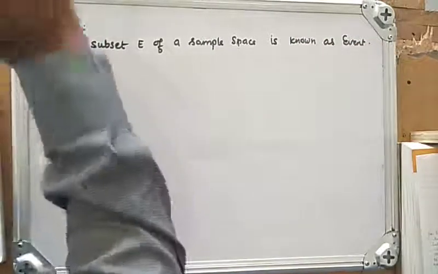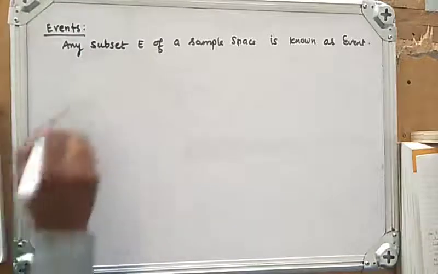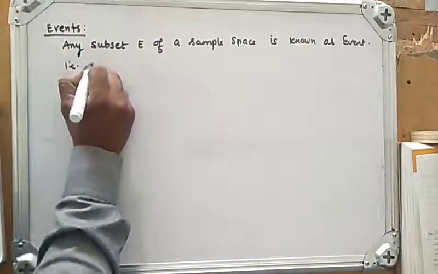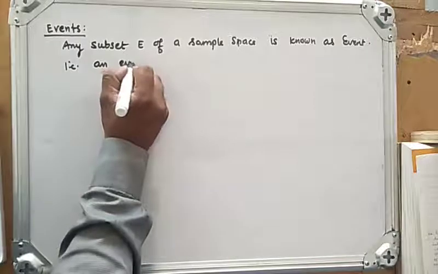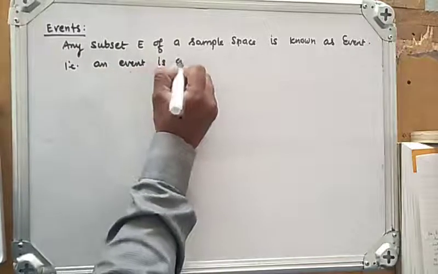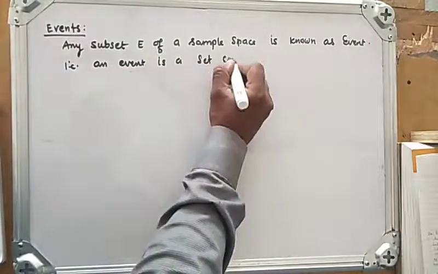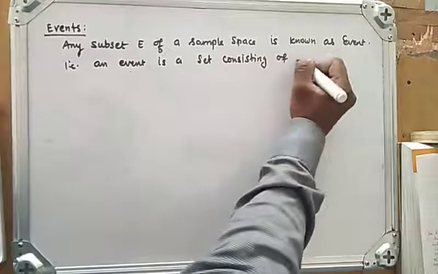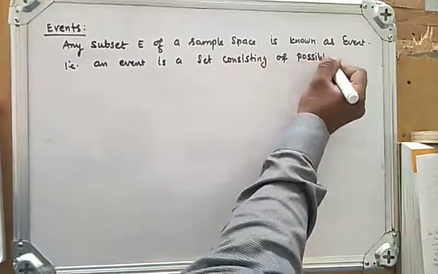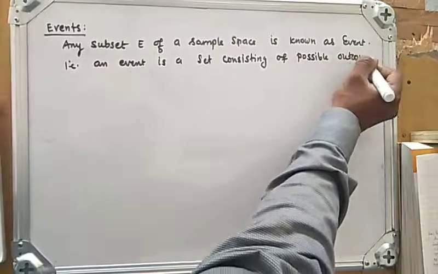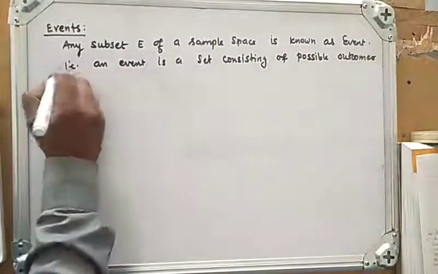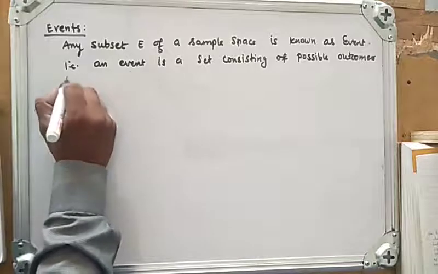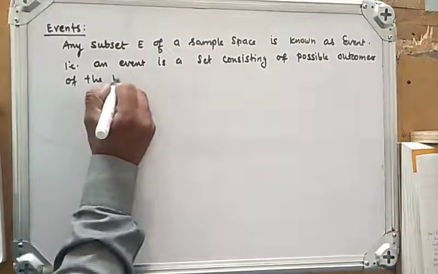That is, an event is a set consisting of possible outcomes of the experiment.